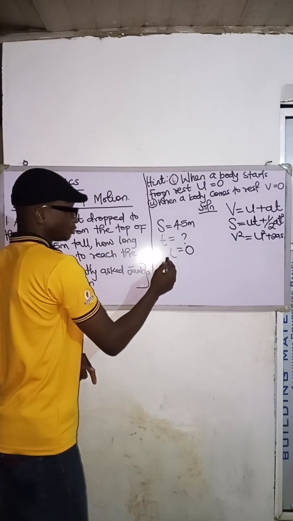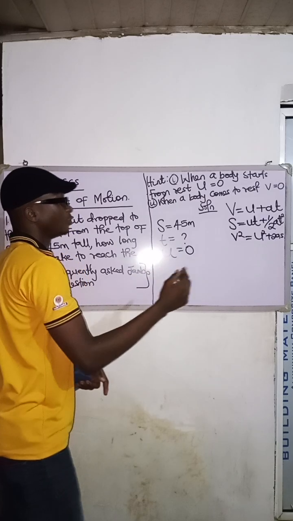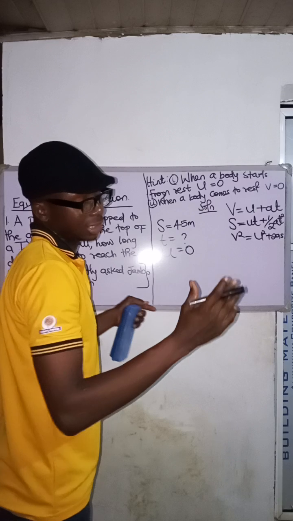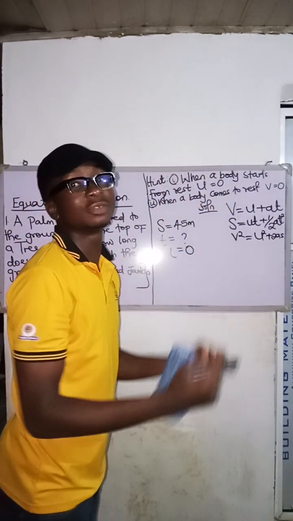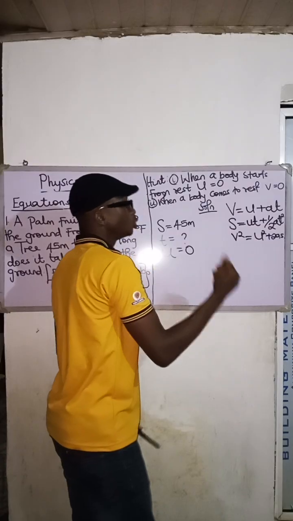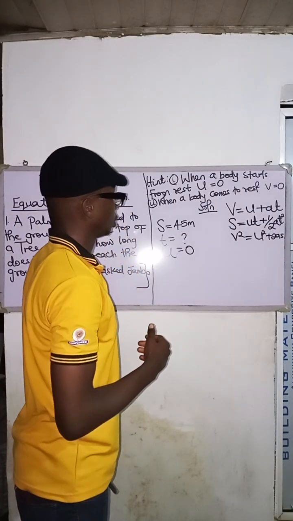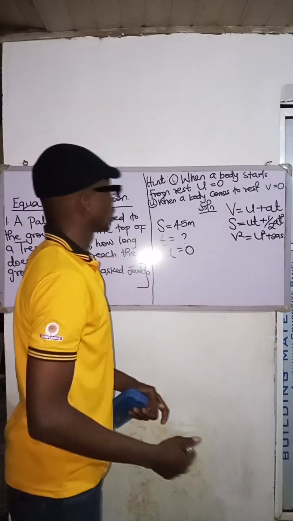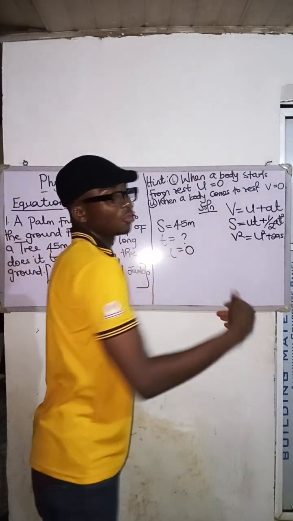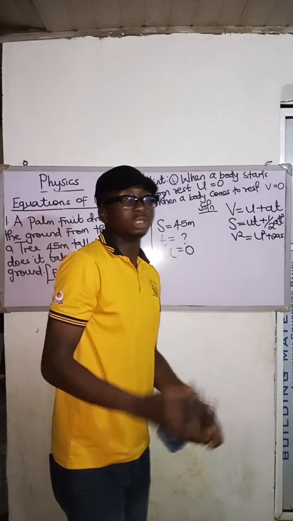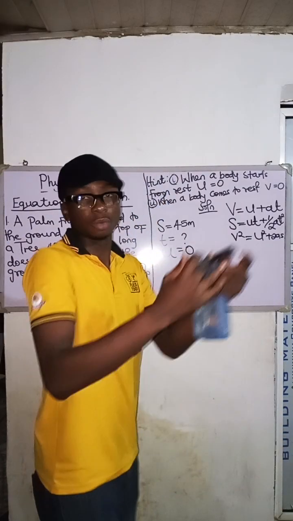We are given the initial velocity to be 0 because the fruit started from rest. Now, look at these three equations of motion. Which of them are we going to use? In this case, for the first equation of motion, we don't have any business with final velocity because the fruit did not go to rest. It started from rest.